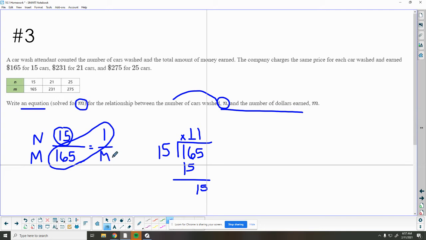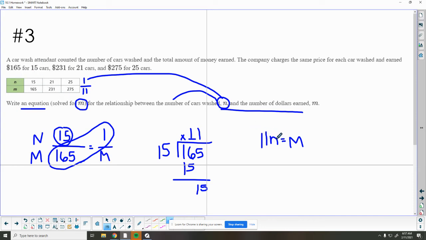So every car they wash, so if they wash one car, that earns them $11. So if here's our N, and they'll get $11. So 11N equals M. So 11N equals the money they will earn.